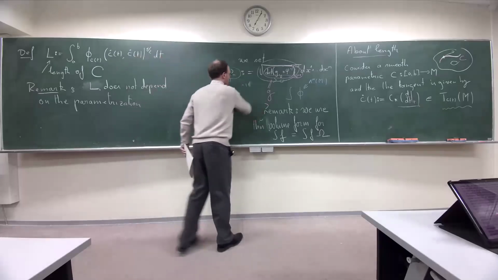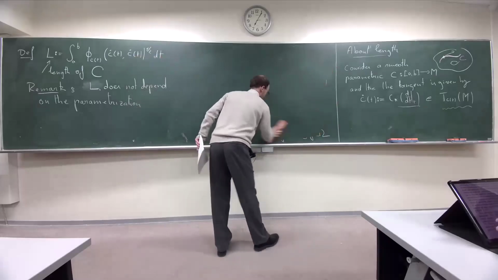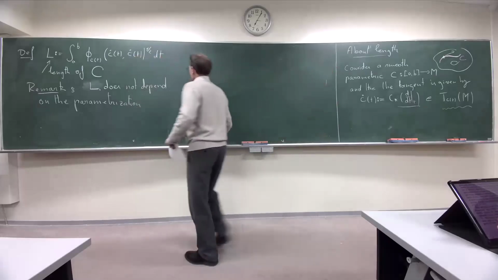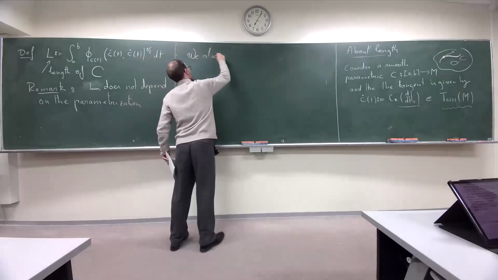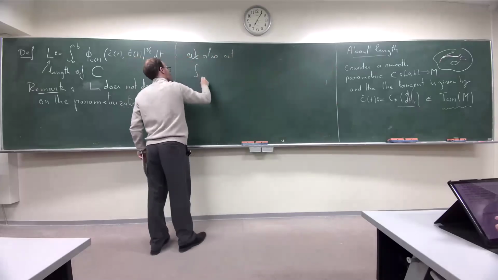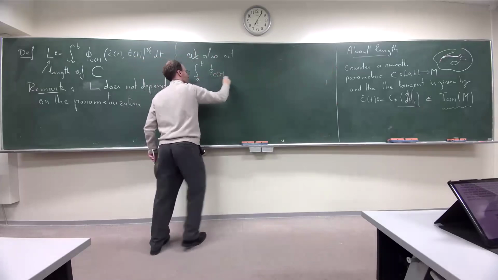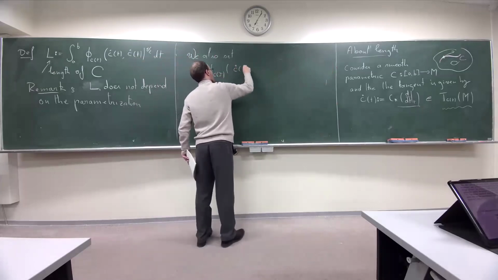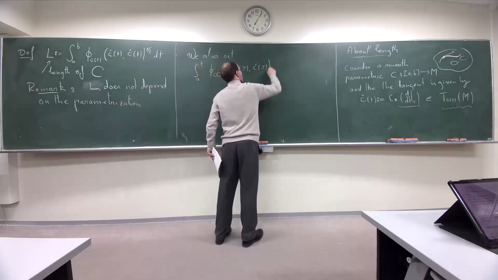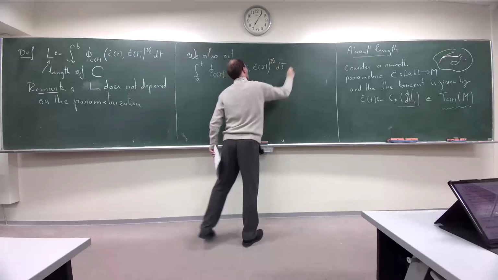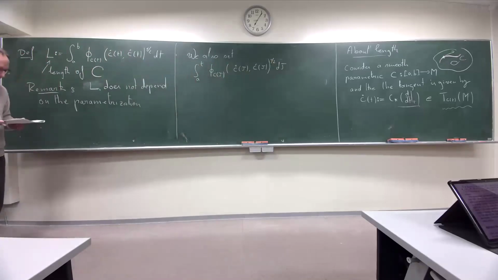And one more thing that I need to introduce, which will be useful later, the arc length. We also set the integral from a to t of phi_{C}(C dot, C dot)^{1/2}. Be careful, change the variable, because otherwise it's not meaningful. So I do not integrate from a to b, but from a to t.